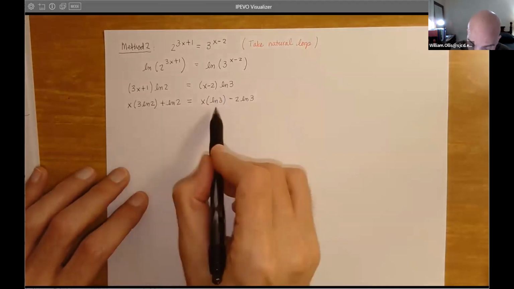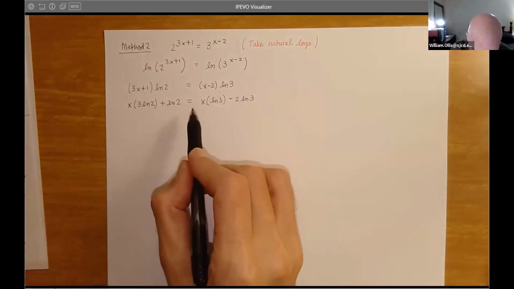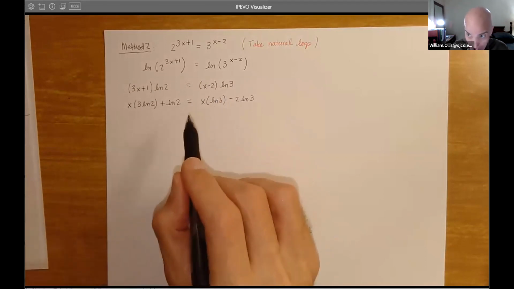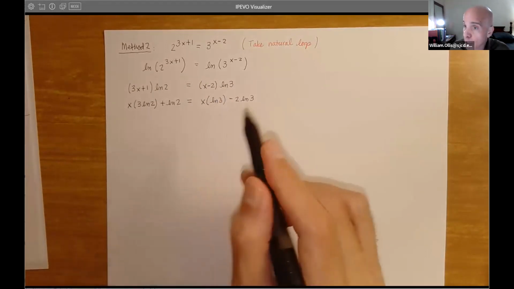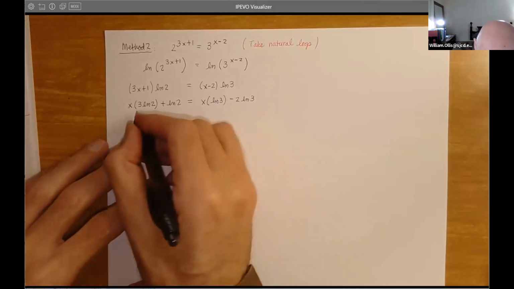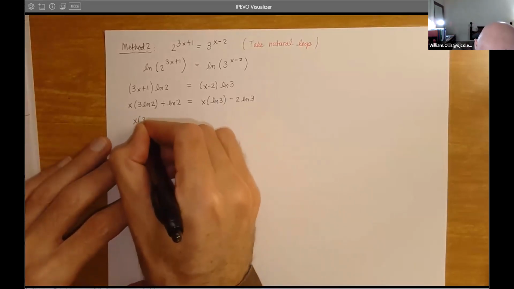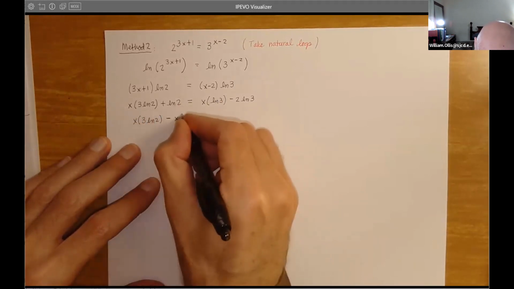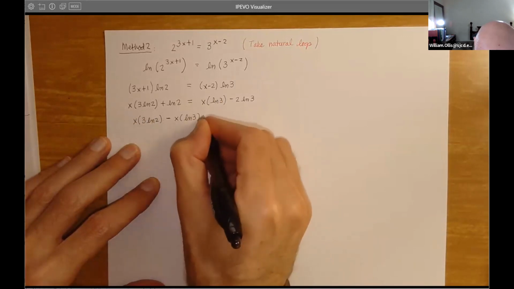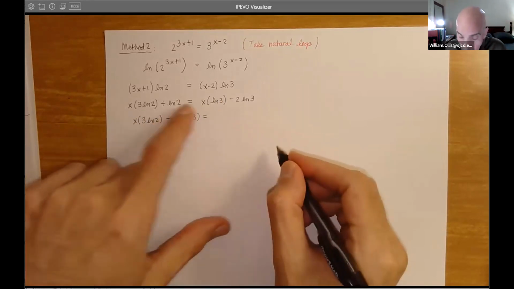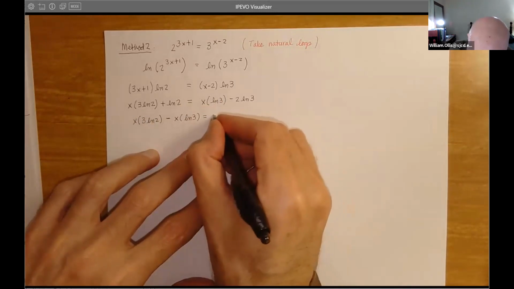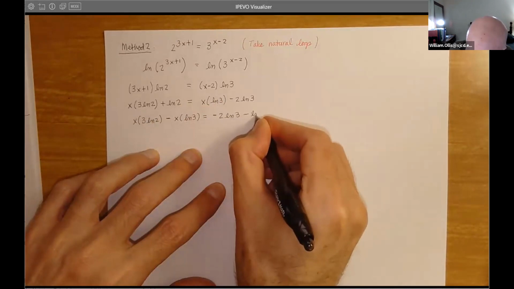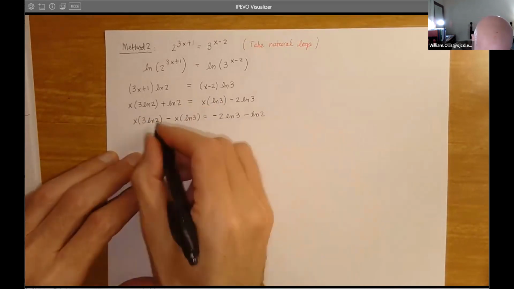Now at this point, we can move all of our x's to one side. And of course, you're thinking I could go this way and spare us having to multiply and divide by -1. But I want to do that again, just so you'll get practice with it. So we have x times 3 ln 2 minus x times ln 3. And of course, we can move the ln 2 to the other side and get -2 ln 3 minus ln 2. Now we can factor.